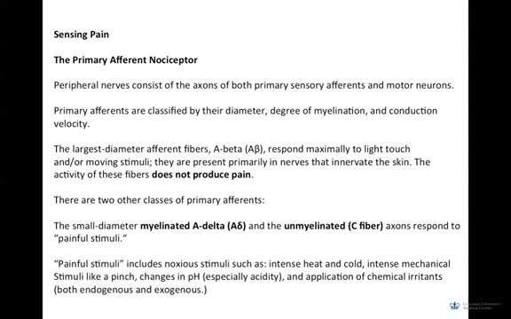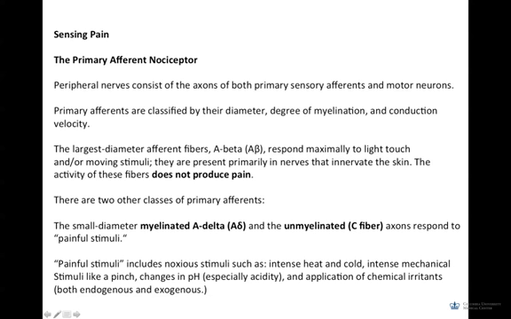Now, how do we actually sense pain? The word nociception is defined as the physical sensing of pain. And a nociceptor is a neuronal cell, a nerve, that senses painful stimulation. Since pain is a sense, these nerves are going to be afferent nerves.